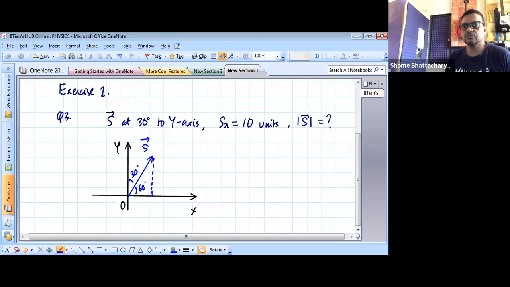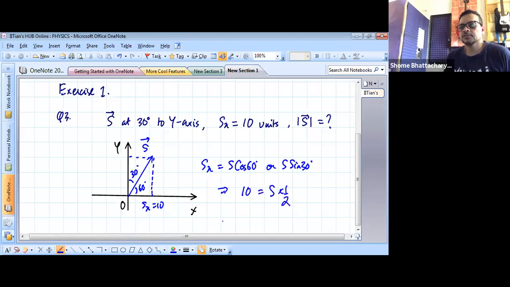And its x component is 10. Y component is something. Okay. So the x component will over here become magnitude of s cos 60, or we can also write that as magnitude of s sin 30, and that is given to us as 10. So the magnitude of the vector s is becoming 20 units.